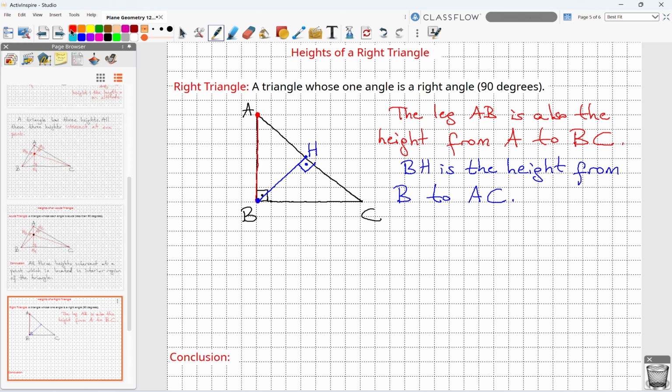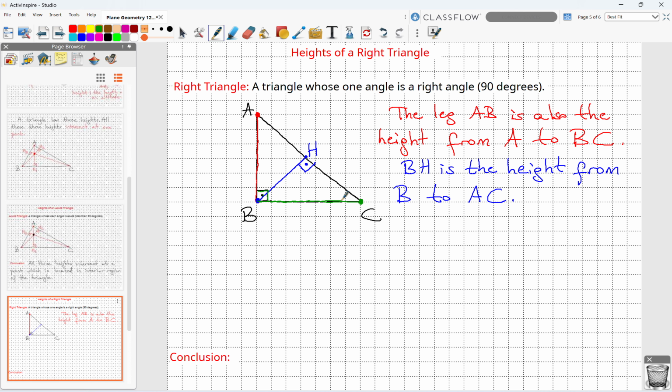What about the third height? The third height is the one drawn from the vertex C to the line which contains the opposite side. The opposite side for C is AB, but you know that the perpendicular from a point to a line is unique. Only one perpendicular can be drawn from a point to a line, and that has already been drawn. The side CB of the triangle is perpendicular to AB.